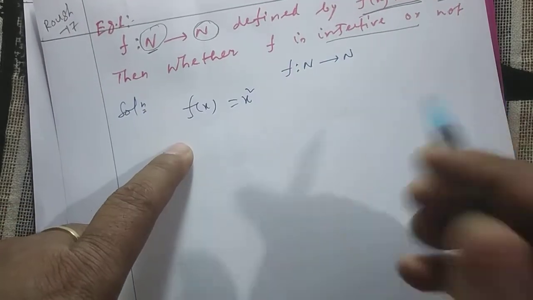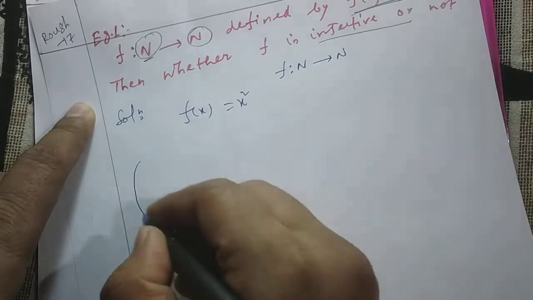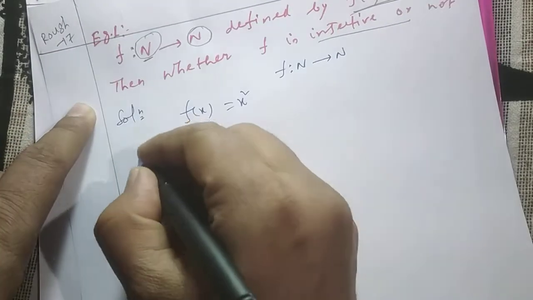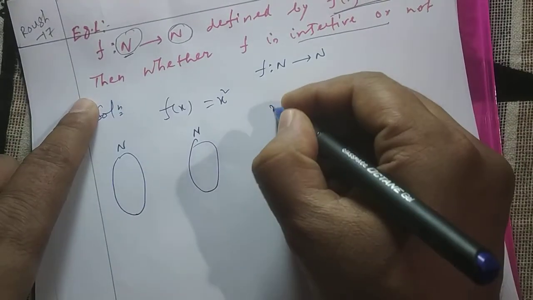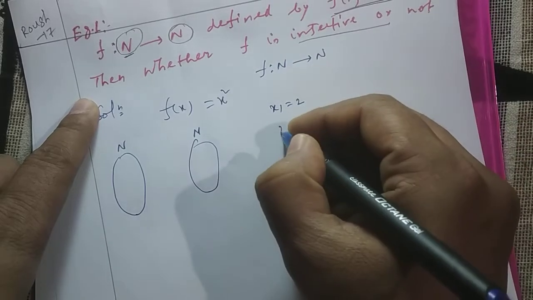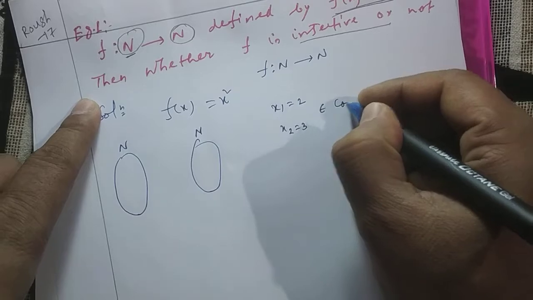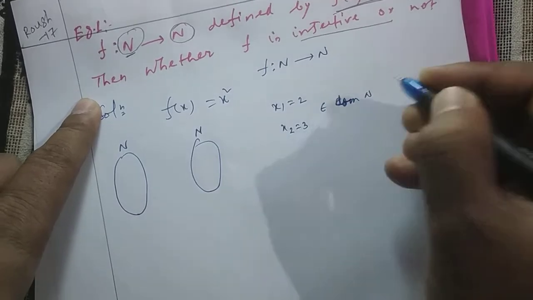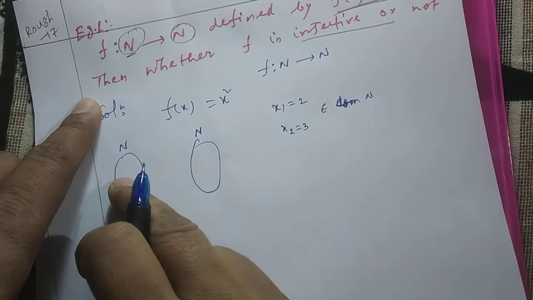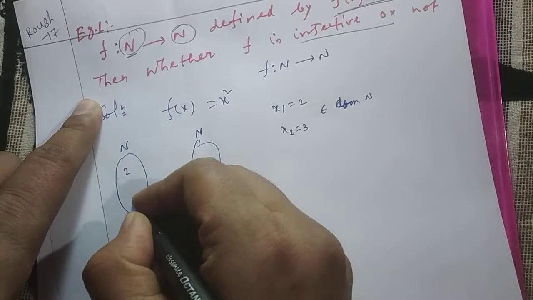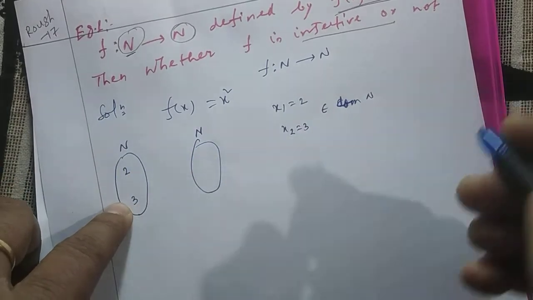Now let us check. Suppose it is set A, the domain N, and this is the codomain N. Suppose we take x1 equal to 2 and x2 equal to 3, which belong to the domain N. Let us take two distinct elements, 2 and 3, in the domain N. So this is x1, this is x2.